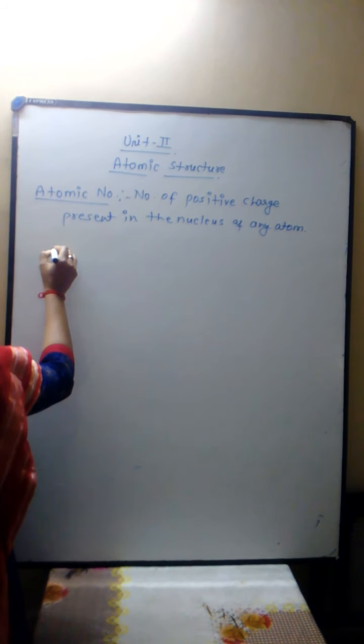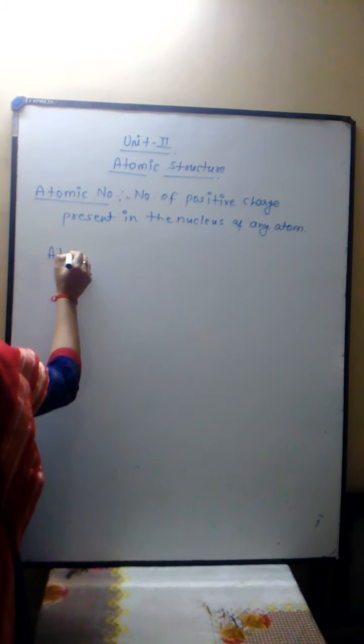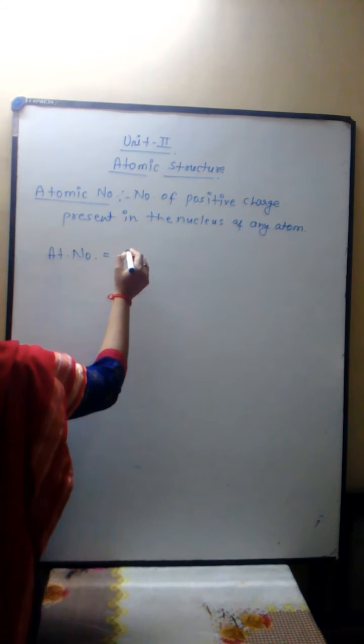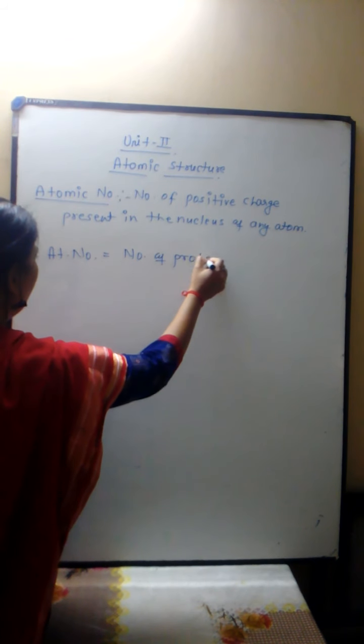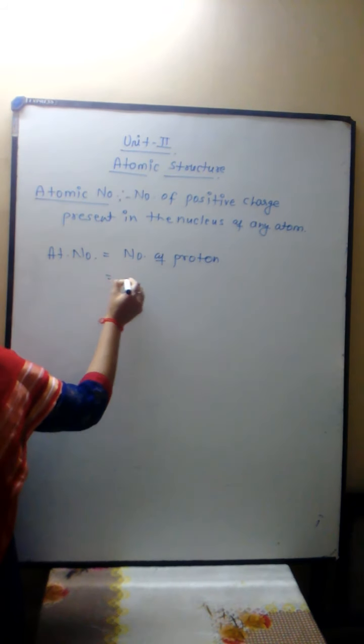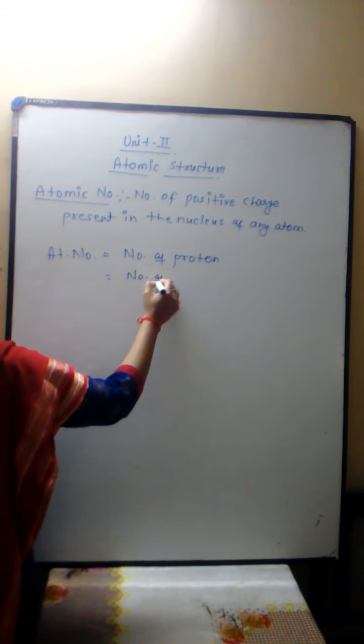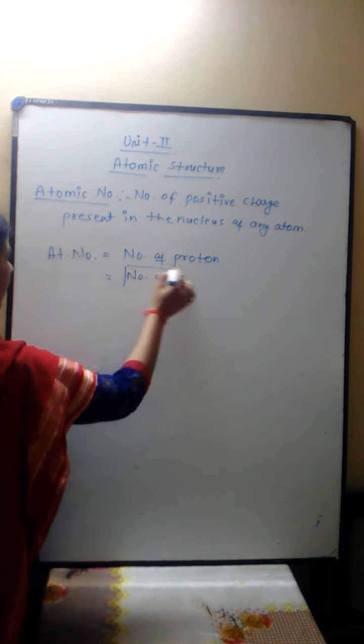So atomic number equals the number of protons present in the nucleus of any atom, and it is denoted by Z.